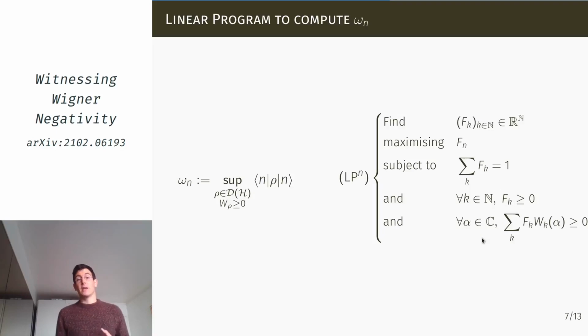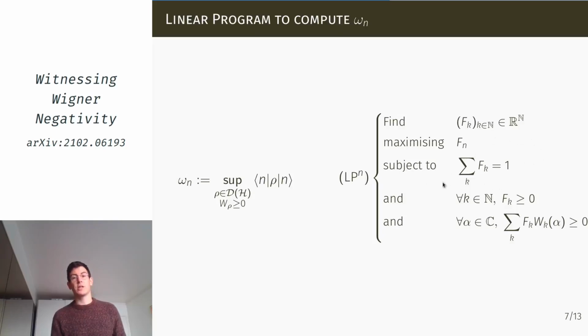And it's actually a linear program, so you can express this as this linear program. You express rho as a mixture of Fock states, which is diagonal in the Fock basis. That's why you're looking for a family of F_k, and you try to maximize the nth term, F_n, which corresponds to the expectation value ⟨n|rho|n⟩.